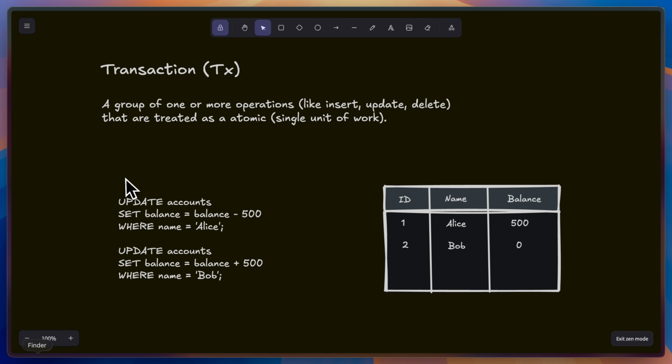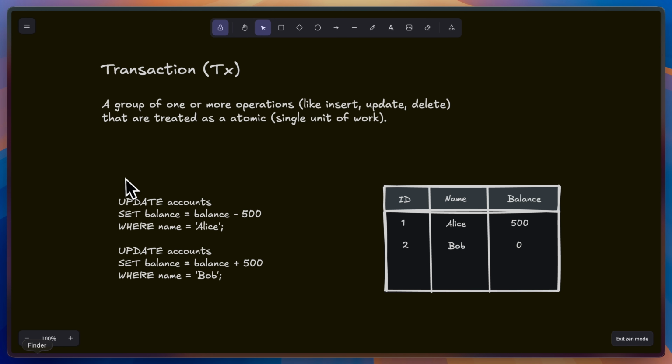Now the database ensures that even if it goes down over here, it will roll back all the changes which it has already executed. Over here the balance was deducted by 500, so the database will make it 1000 again. So this is what a transaction is. It is basically treating all the steps as one single step.